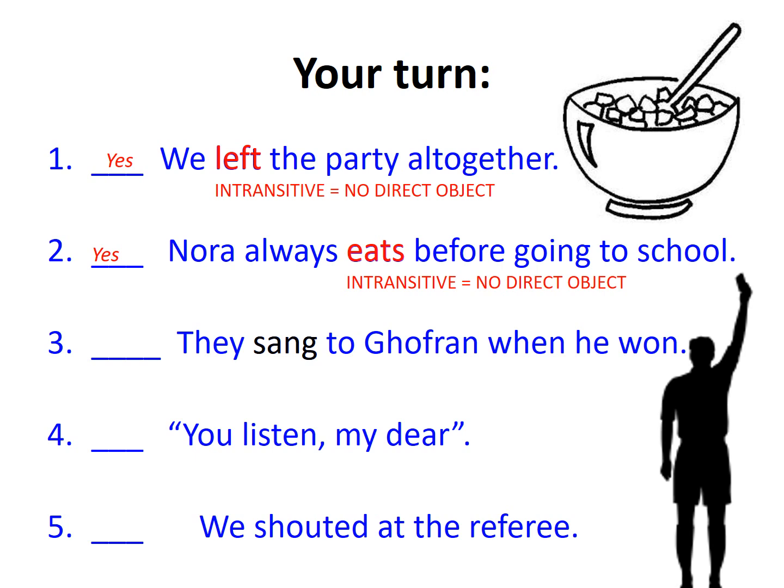They sang to him, that's an action, and that had a direct impact on Goffran when he heard it, no doubt. It's a transitive verb because it's an action verb, and the direct object is Goffran because they sang to him. So no, it is not intransitive, it is transitive.